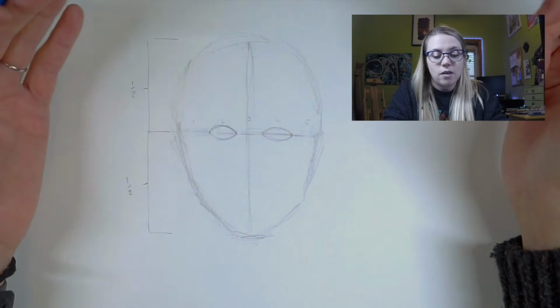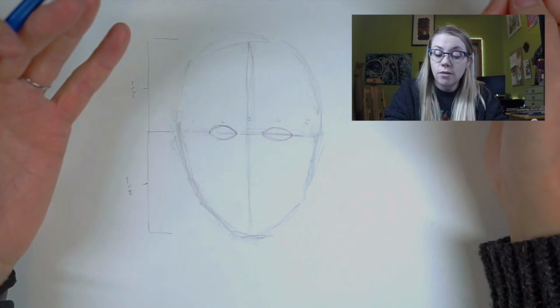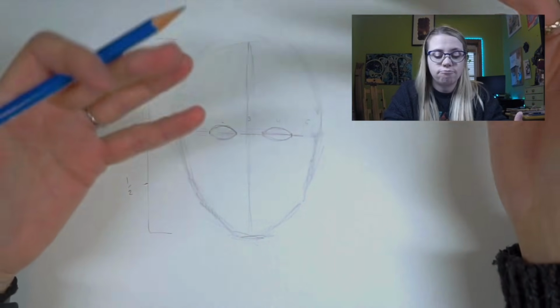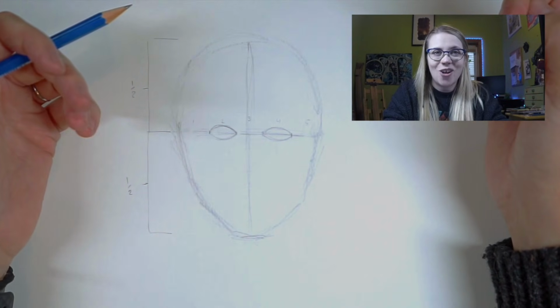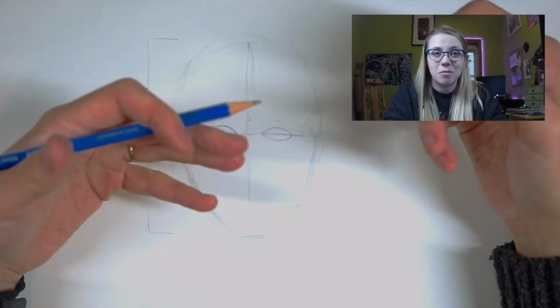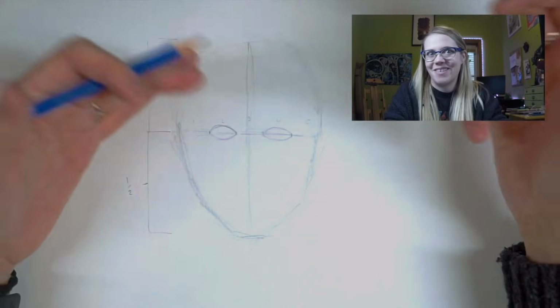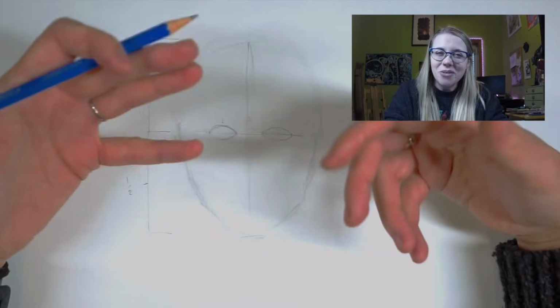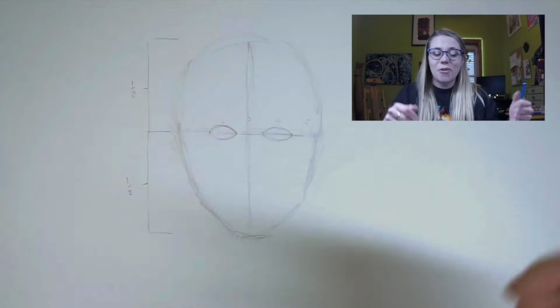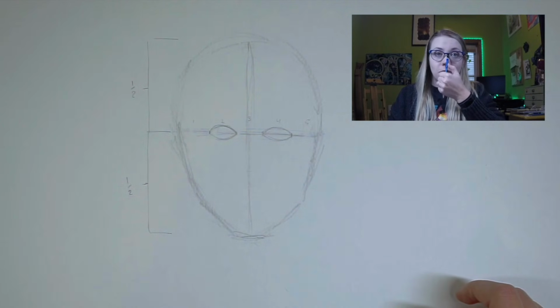Let's move on to the nose. So noses are really all over the place, because some people have really small noses, some people have wide noses, some people have long noses, some people have short noses, but usually they are proportional to our faces. So if I were to measure mine, like how big is my nose?